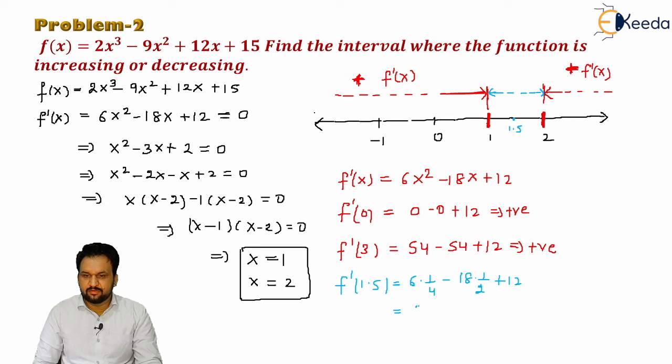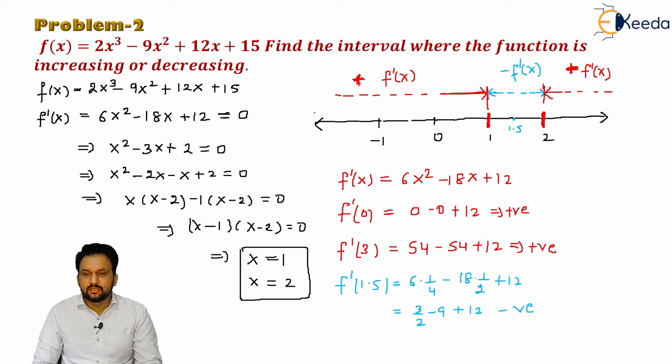Calculating all of this gives a negative value. So your f dash x will be negative here. You can solve this complete part, and I hope you will easily solve it.